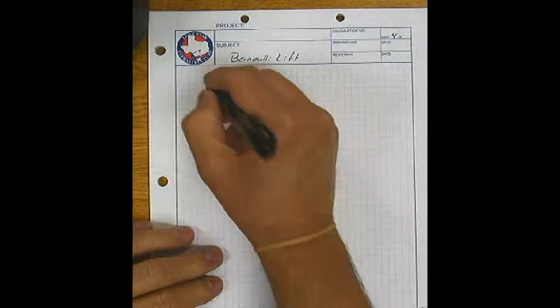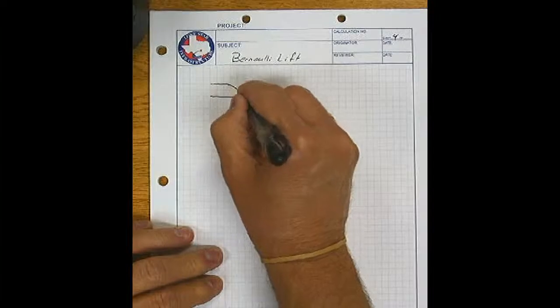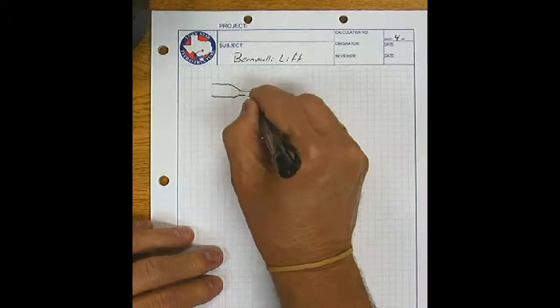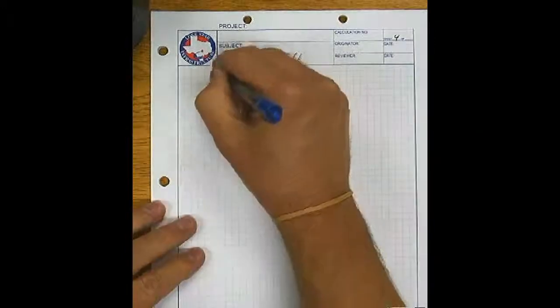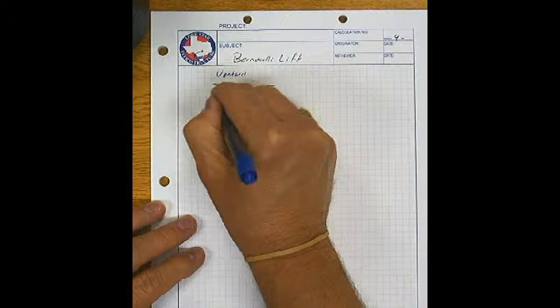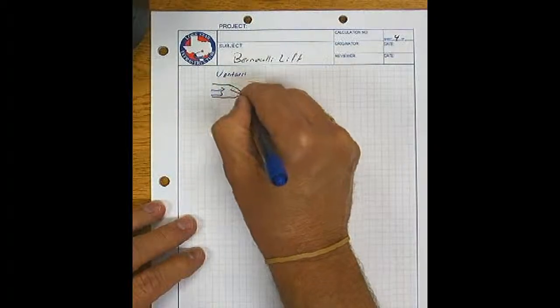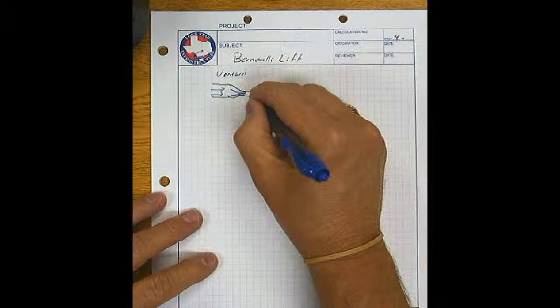As we talk about Bernoulli lift, you have a tube that air is flowing through, and then it goes back out again, and this is called a venturi. If I have air flowing through here, as it approaches this narrowness, it's got to speed up, and it gets kind of squeezed together.